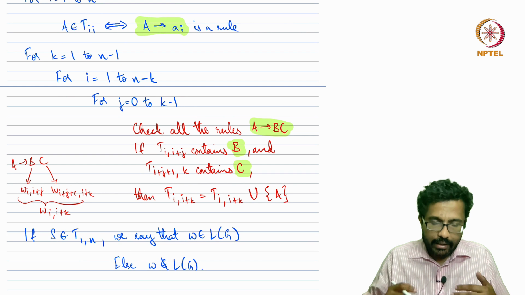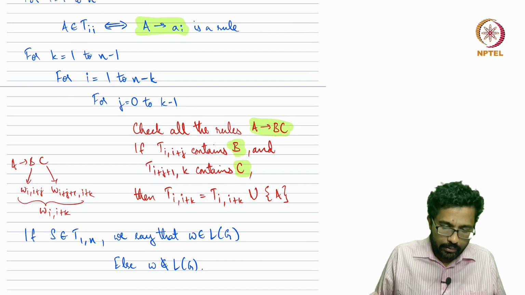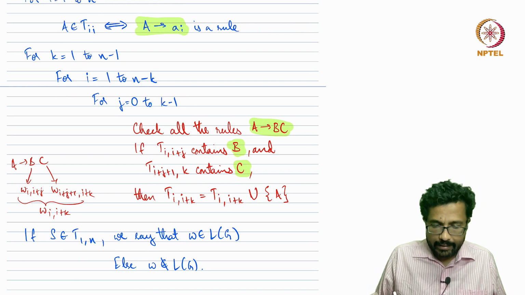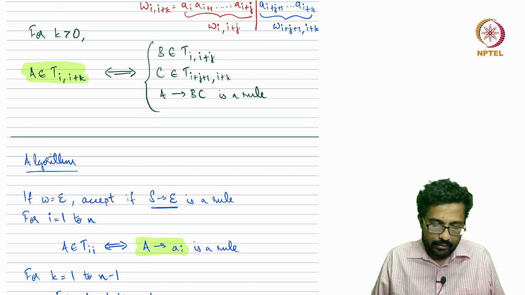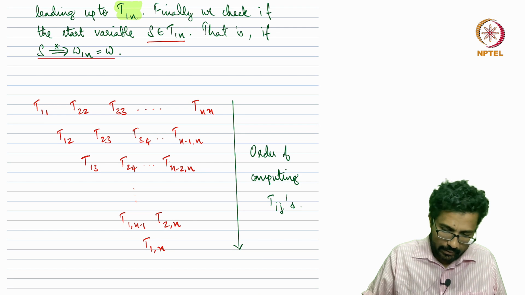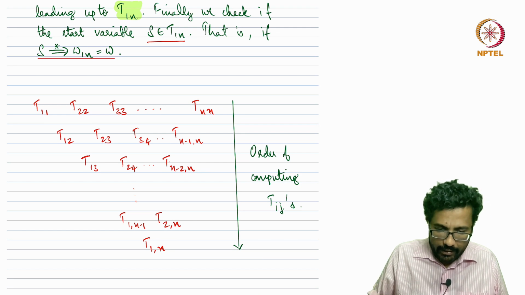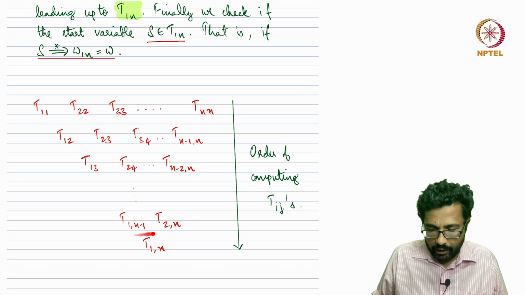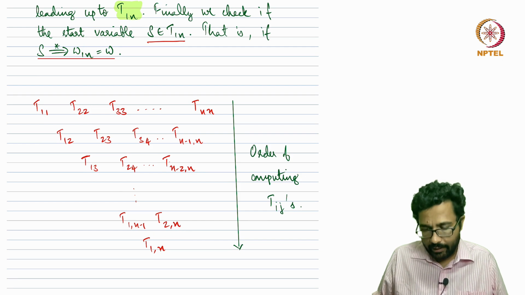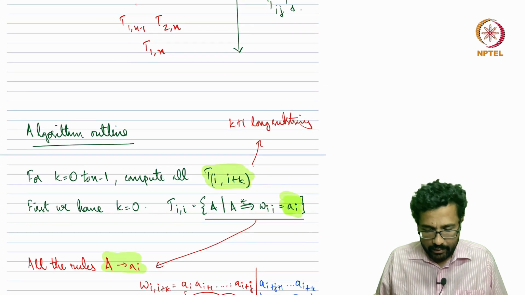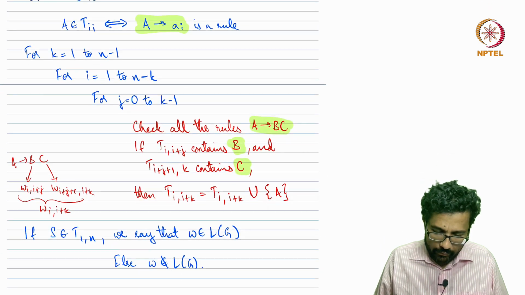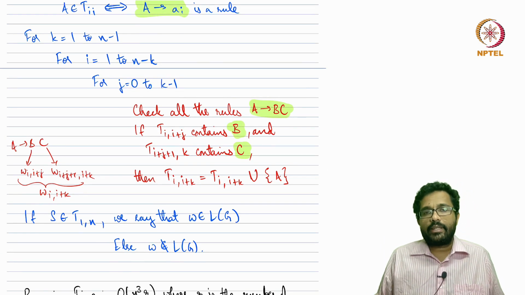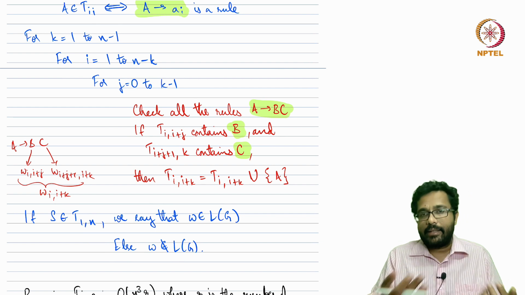And like that we keep building, and at the end of the loop we would have built the sets. We start with t11, t22 and so on, and basically we follow this from top to bottom. Finally we would have built t1 n minus 1, t2 n, and finally t1 n, which corresponds to all the variables that derive the entire string.